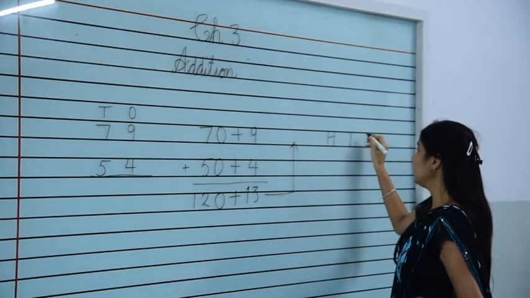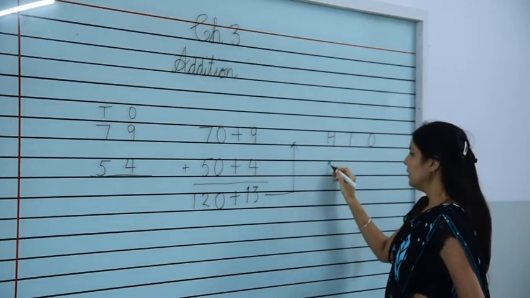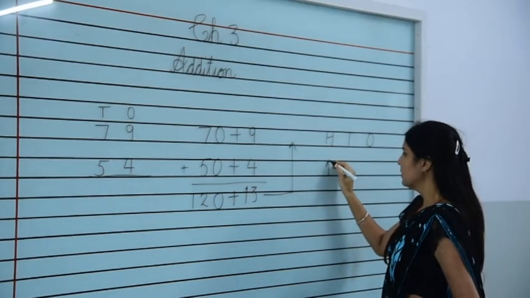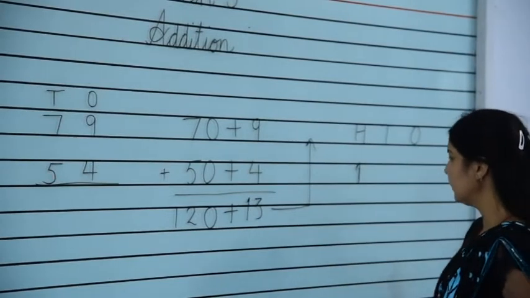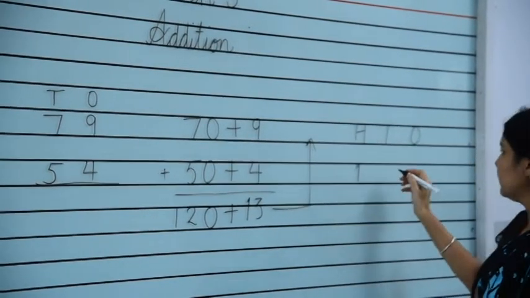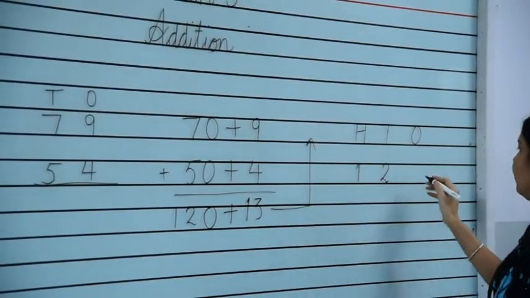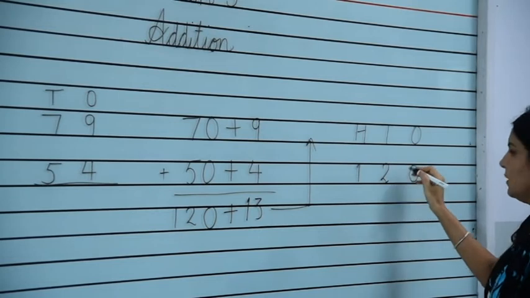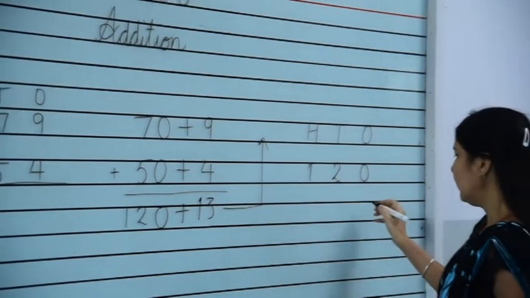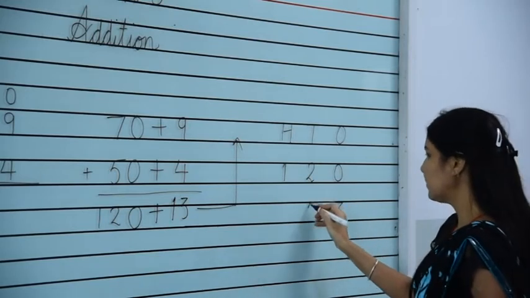Now we will carry these numbers forward. We will arrange these numbers in columns. Here 1 is at hundreds place, so we will write 1 at hundreds place. 2 is at tens place, so we will write 2 at tens place, and 0 is at ones place. And this number 3 is at ones place and 1 is at tens place.